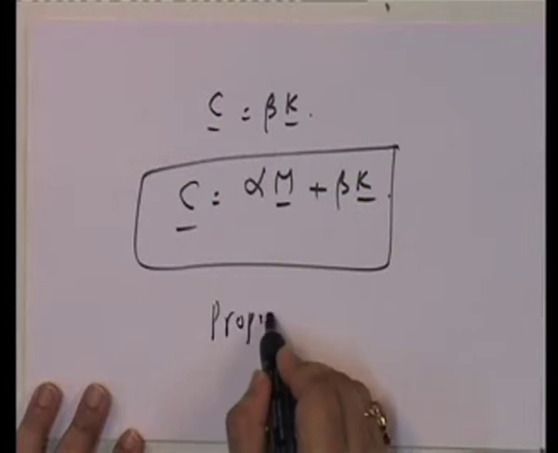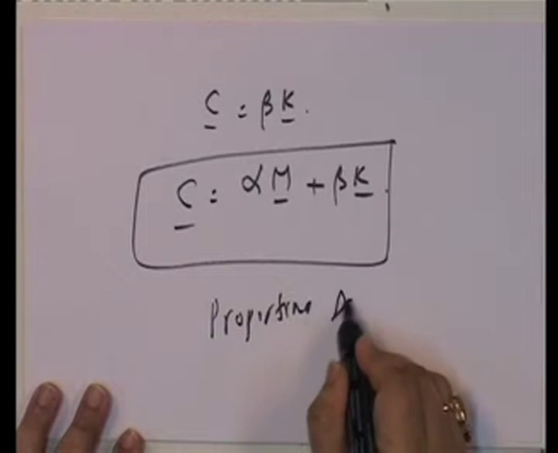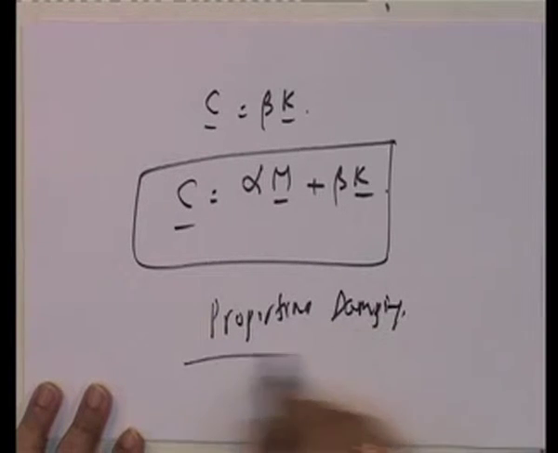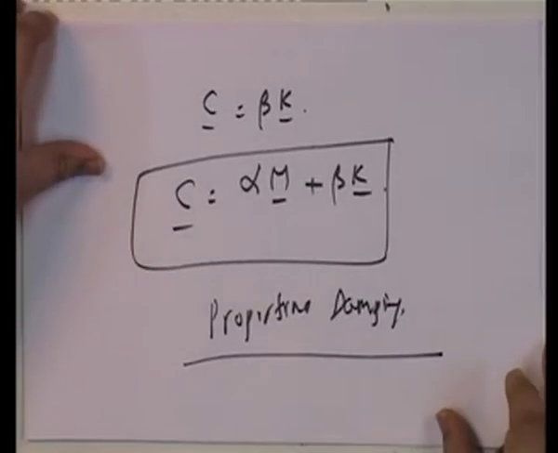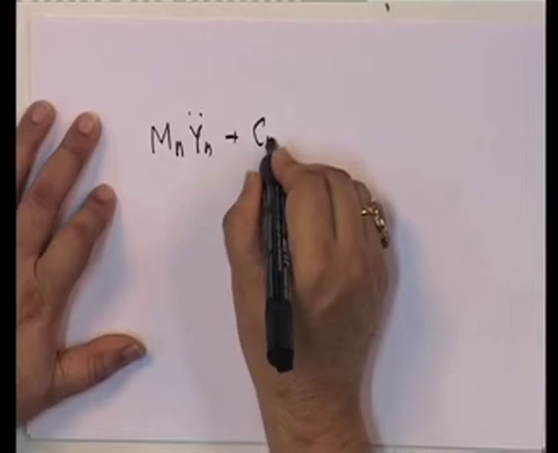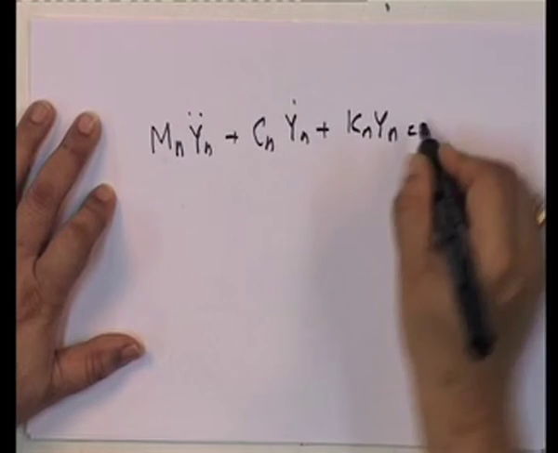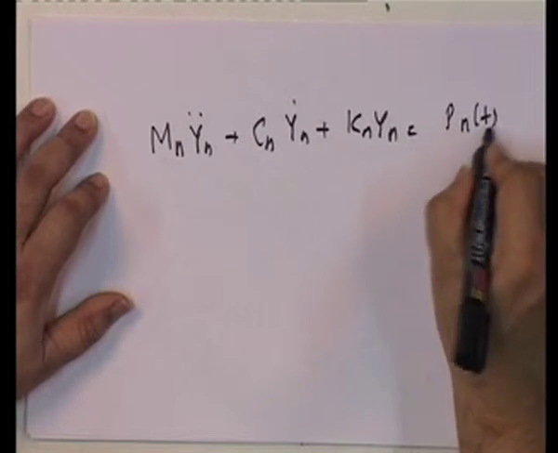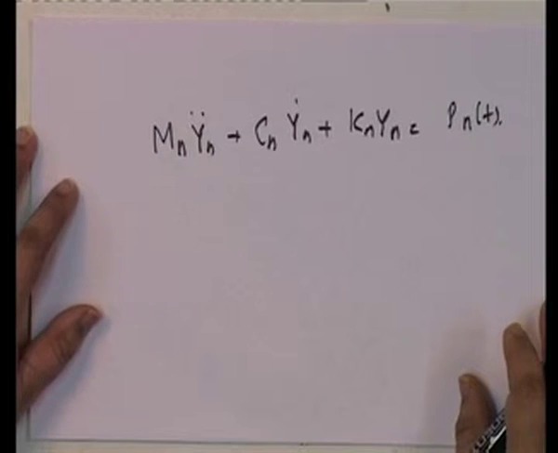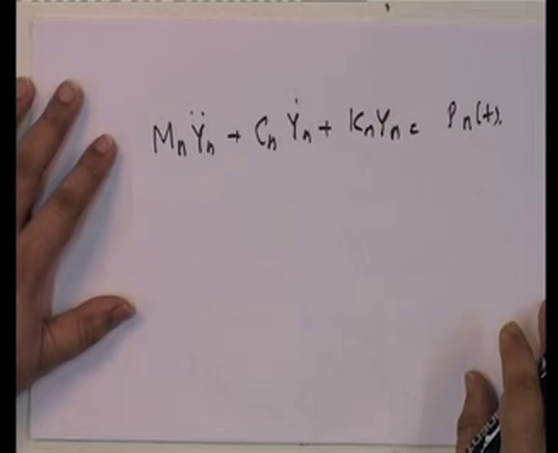So, therefore, if you have proportional damping, you will indeed, for a damped system, be able to use this. Now note that the C matrix is an unknown quantity. C matrix is not known.